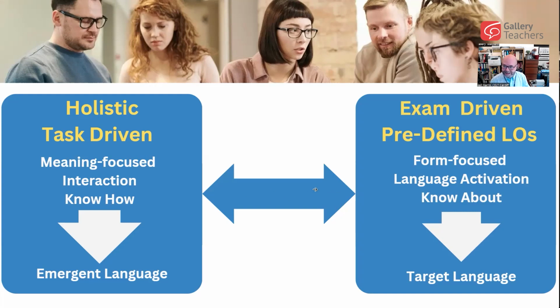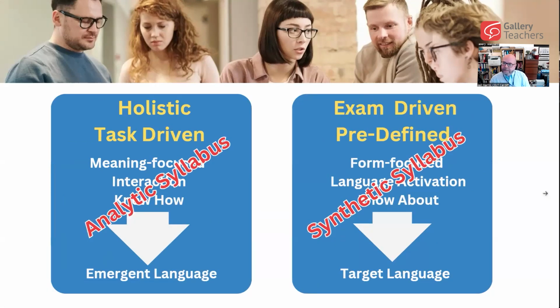The arrow here is to make the point this isn't a polar one or the other. There are many shades in the middle, and that's the reality of most classrooms. So how does this link to different types of syllabus?